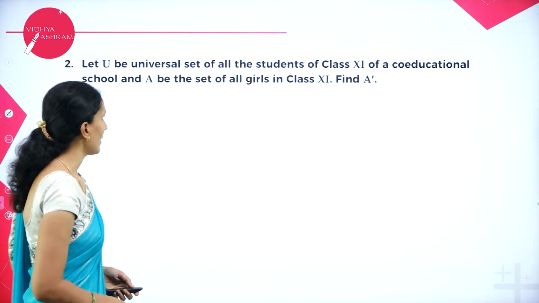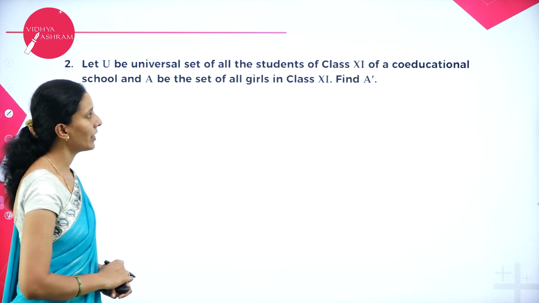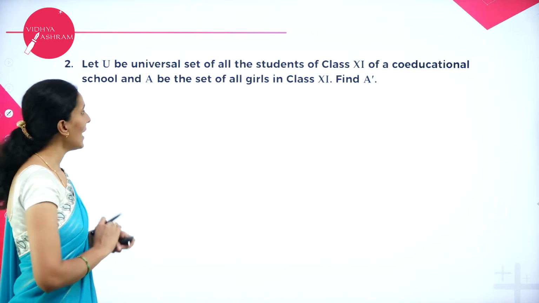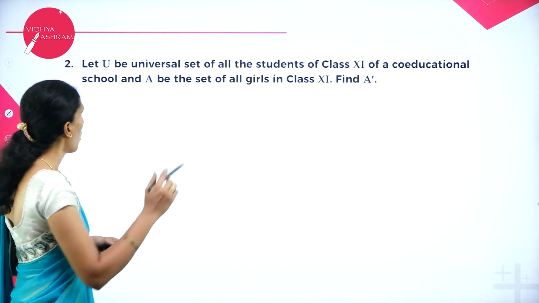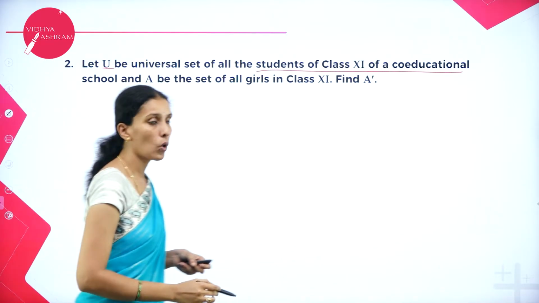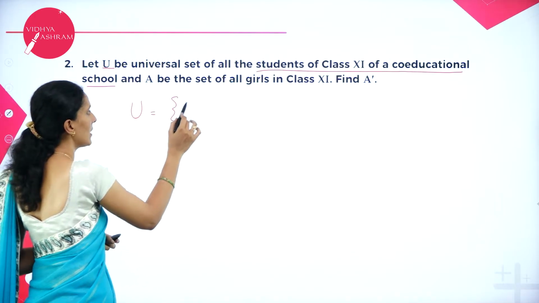Next, let U be the universal set of all students of class 11 of a co-educational school, and let A be the set of all girls in class 11. Find A dash. What is U? Students of class 11 of a co-educational school. So U is a collection of boys and girls, correct?